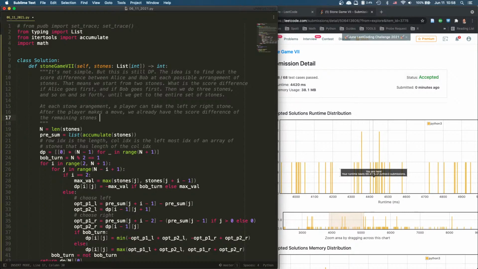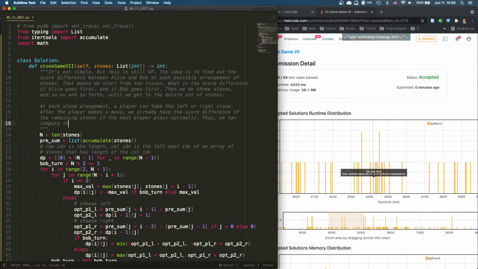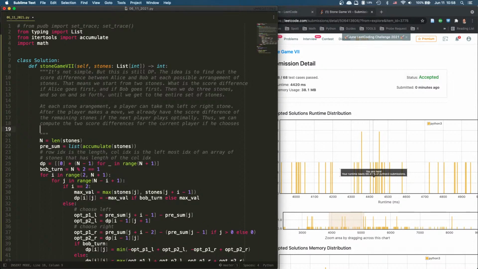The score difference if the next player plays optimally. Thus, we can compute the 2 score differences for the current player if he or she chooses the left or right stone.